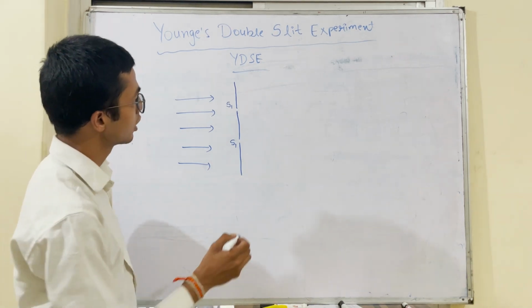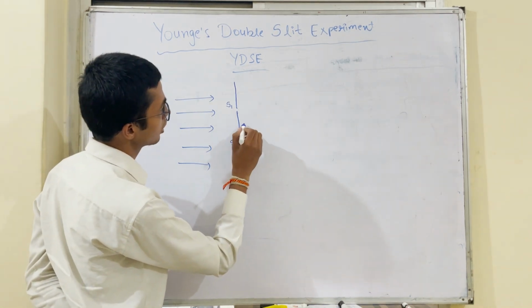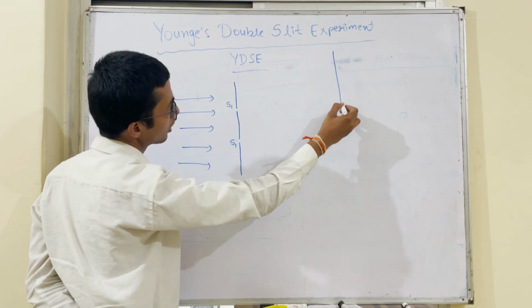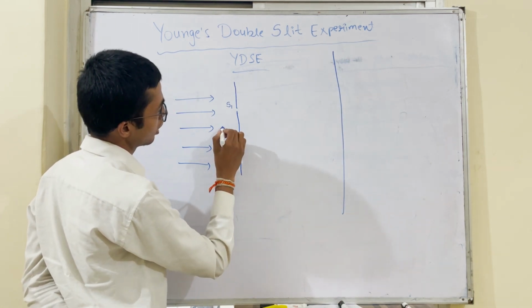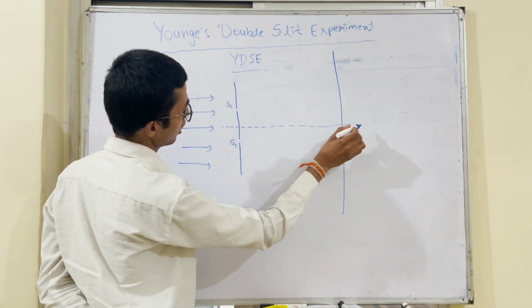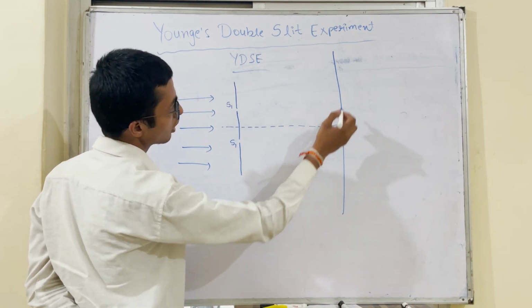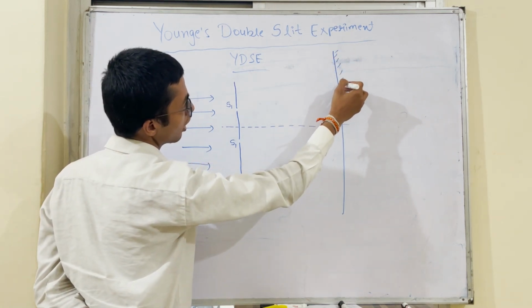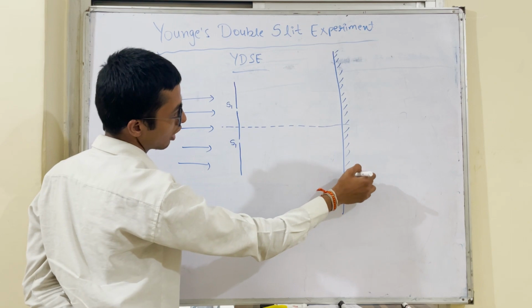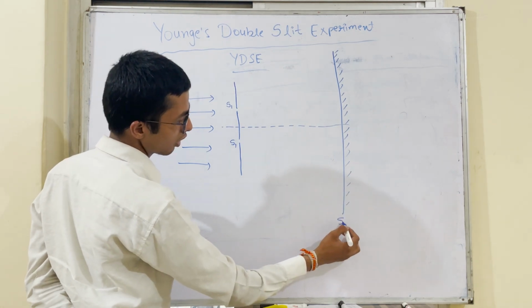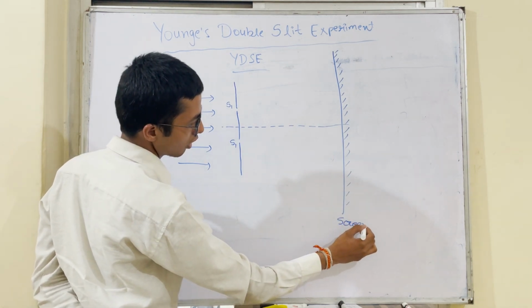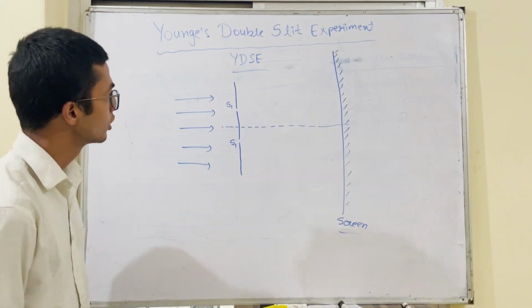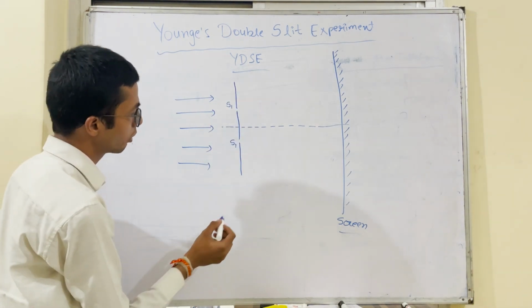These are the light waves, and from some distance, this is the screen, correct? So this is the screen, and this is the cardboard.